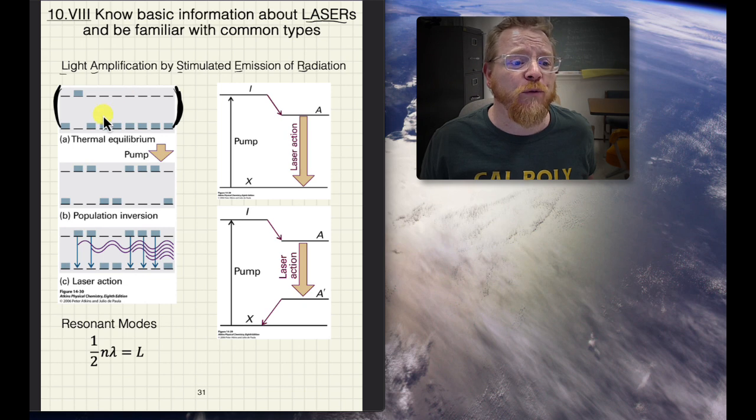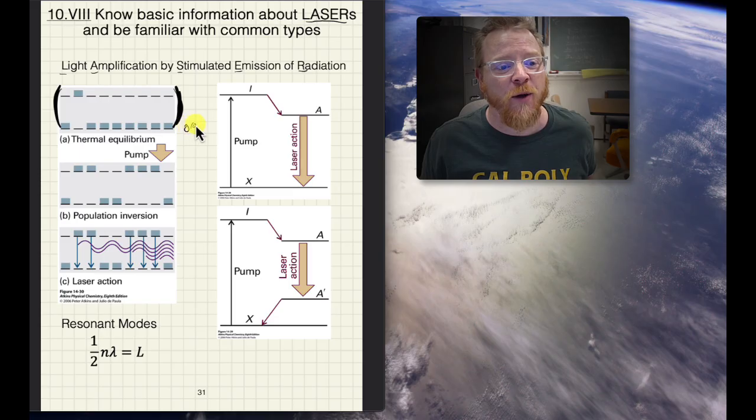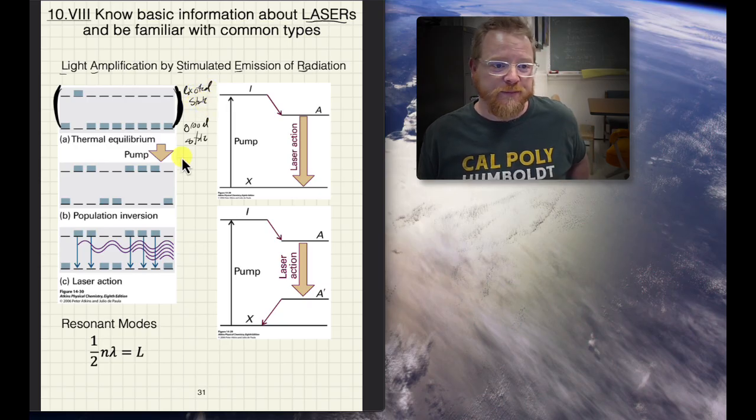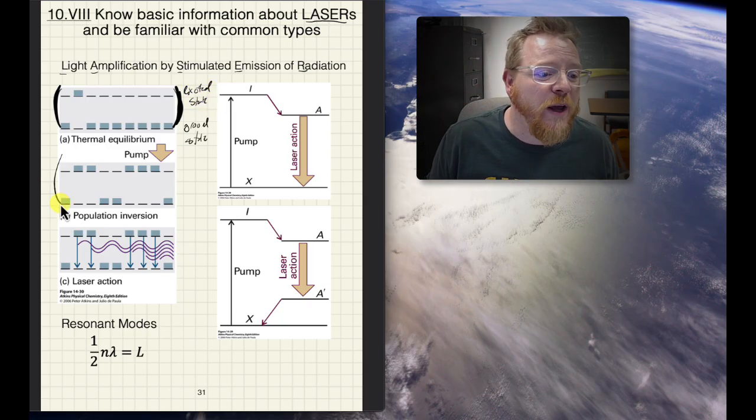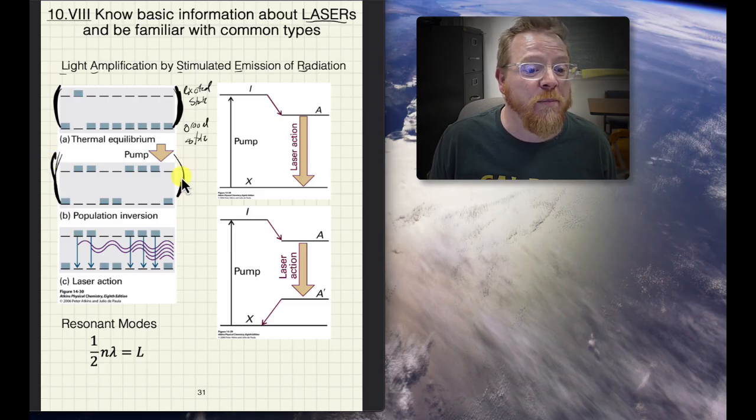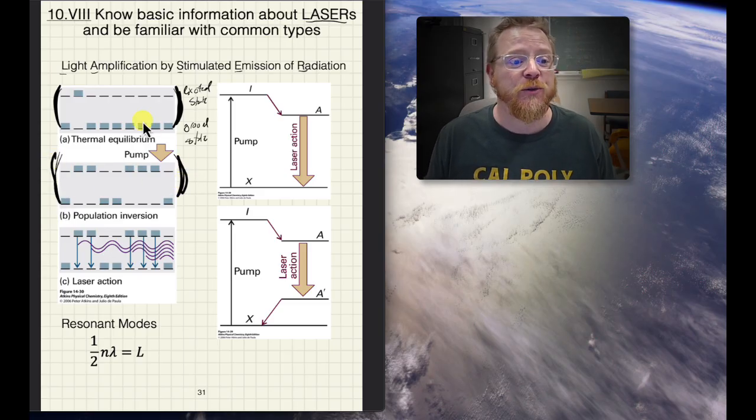Normally at room temperature, these are at thermal equilibrium, right? The majority of molecules will be in their ground state, and occasionally we might see one in an excited state. In this resonant cavity, we pump them up using some type of excitation source.